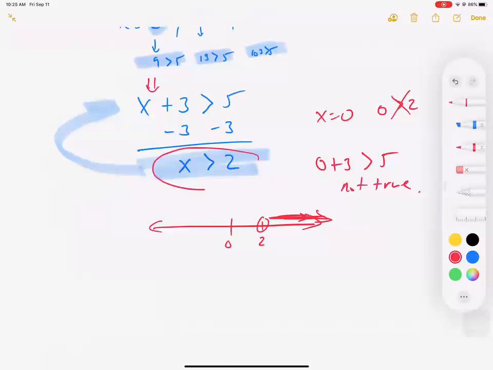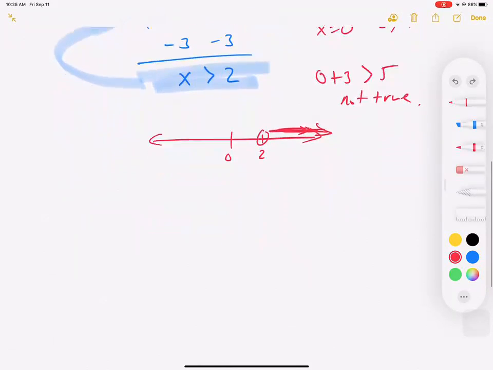We knew that by solving for the variable x. What doesn't work? 0 isn't greater than 2, and 0 plus 3 is 3, which is not greater than 5. -1 isn't greater than 2, and -1 won't work either. So when we solve for the variable, it makes a really nice answer that is true for the whole problem.